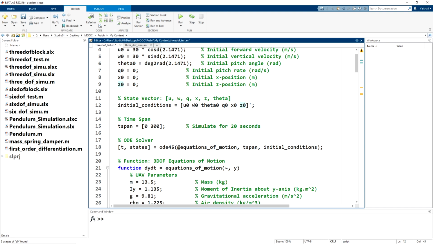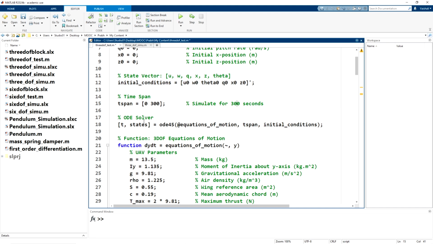I have written them in a vector format, and the time span I am giving as 0 to 300 seconds, simulating it for, okay, this should be 300 seconds. All right. Now we need a solver, an ODE solver, where the outputs are t comma states. T is the time and the states are the 12 states that we have written before.